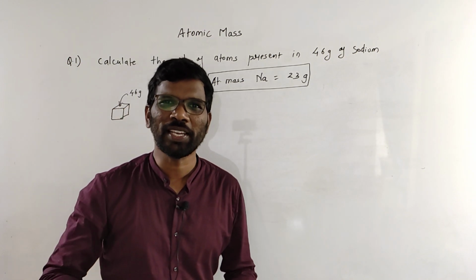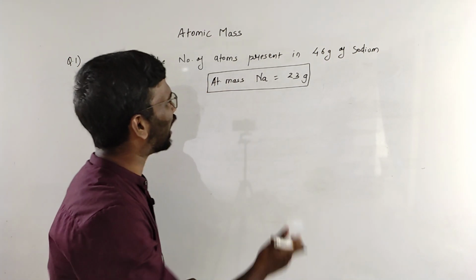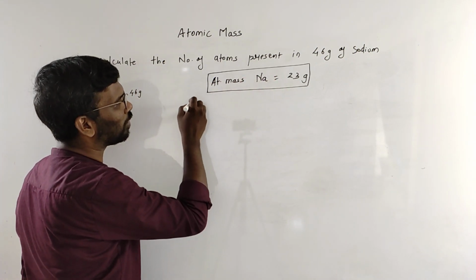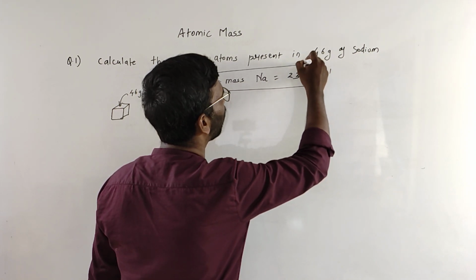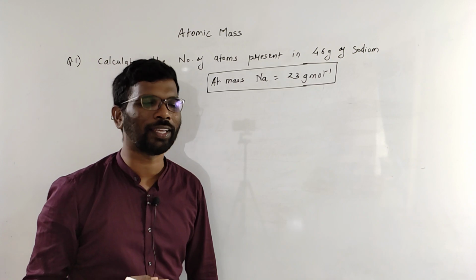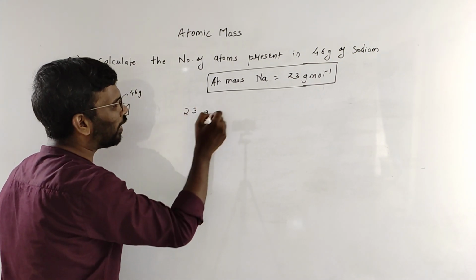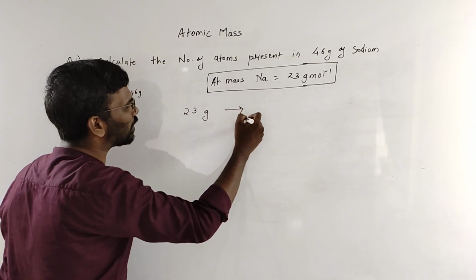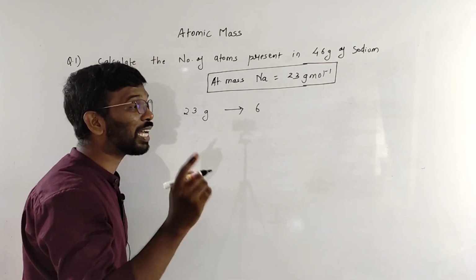Right? Do we know the number of atoms which is present in 23 grams? Because atomic mass is 23 grams per mole. Yes, we know. Why? 23 gram of sodium has how many atoms?